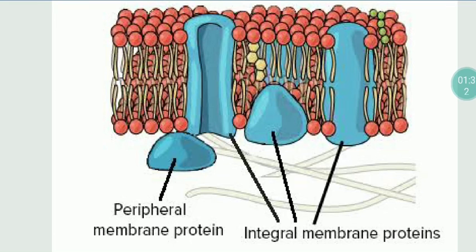Already we have seen the phospholipid bilayer. In this phospholipid bilayer, the lipid content is non-polar, whereas the phosphate head is polar. So very small molecules, or non-polar particles, can be allowed to pass through the phospholipid bilayer.